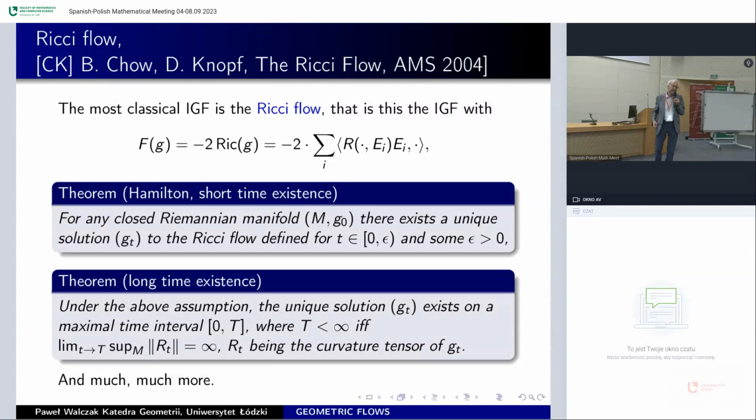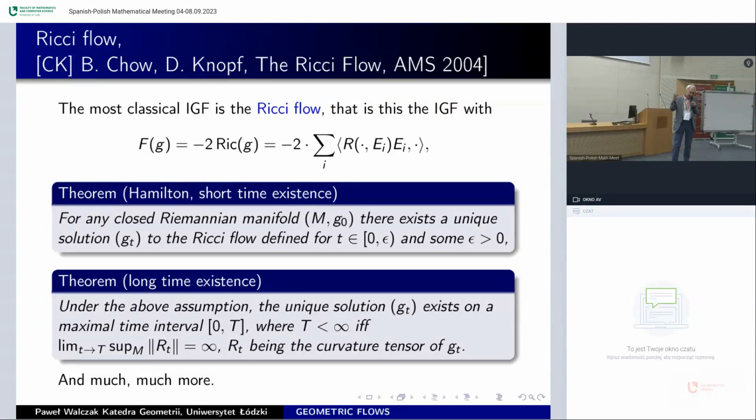And in this case, we have a positive answer. This means that for any closed Riemannian manifold, closed meaning compact without boundary, there exists a unique solution to the Ricci flow satisfying a given initial condition g_0. So starting from any Riemannian structure, you get a family of Riemannian structures defined in a neighborhood of 0, satisfying this equation.